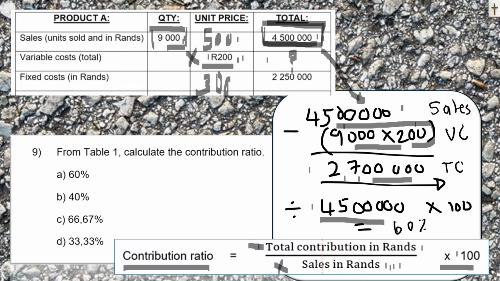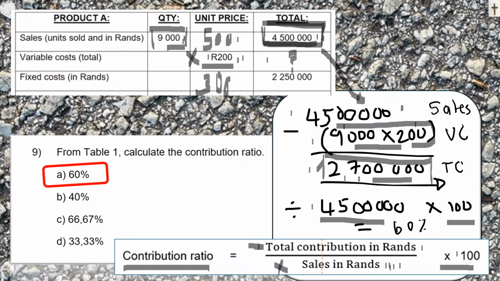The total sales minus the total variable cost gives me the total contribution in rands. And then we need to divide by the sales in rands and multiply by 100.